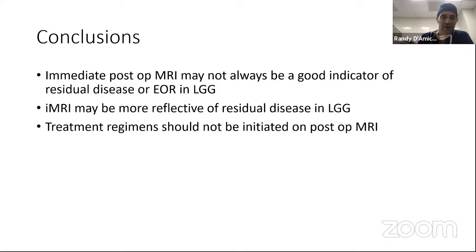I'm curious about the cost dynamics of just using that intra-op MRI and then eliminating that intermediate MRI. Any insight into what kind of cost savings there would be if you skip that 24-hour one? Yeah, that's a good question.